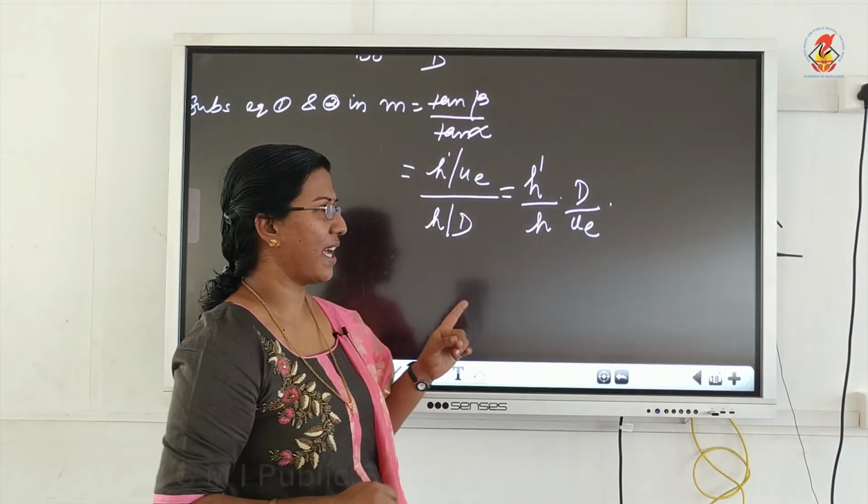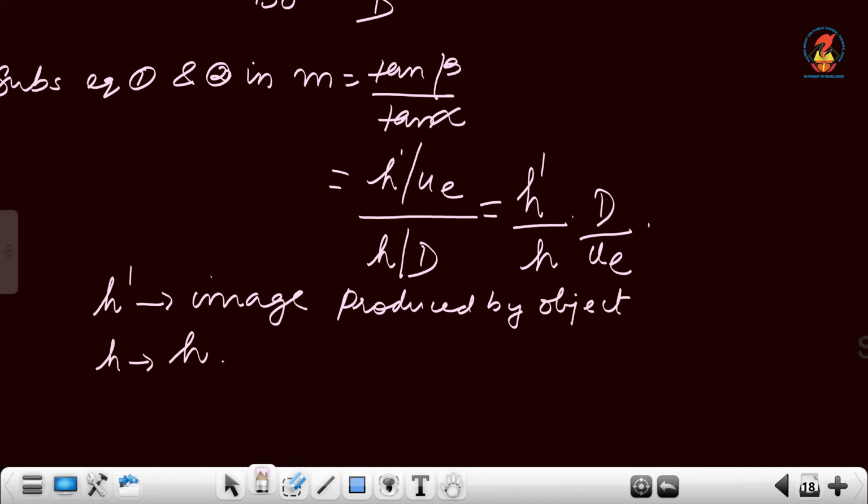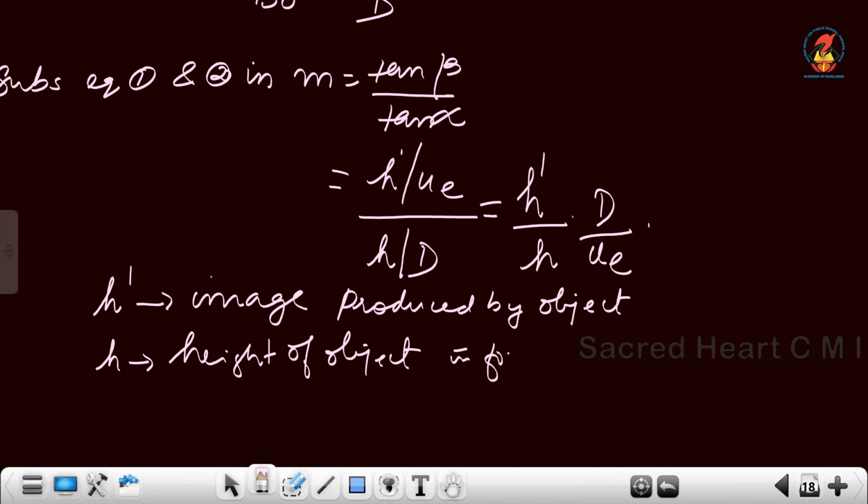Now what is H dash? H dash is the height of the image produced by the objective, isn't it? And H is the height of the object in front of the objective.